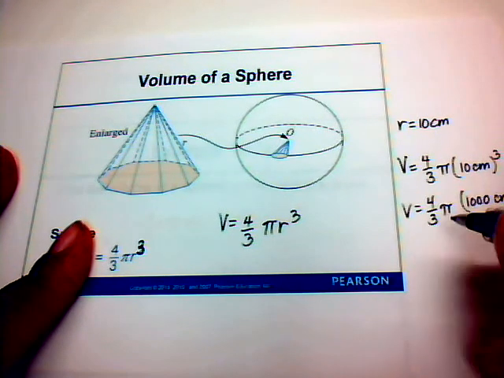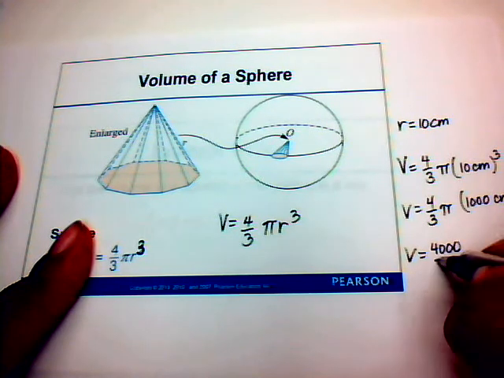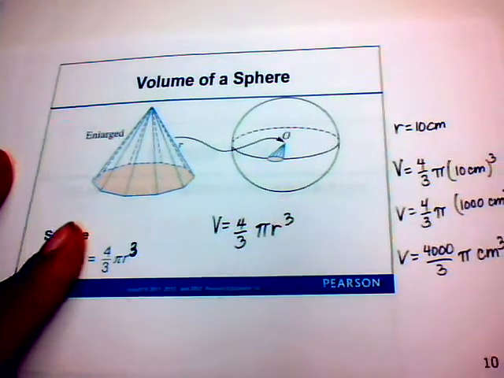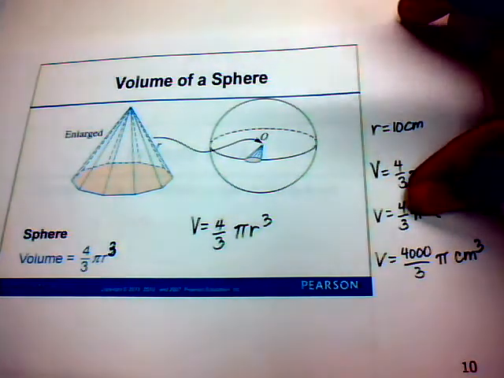And multiply that 1,000 times 4 thirds will leave this as 4,000 over 3 times pi. That's going to be in cubic centimeters. So the volume of that sphere will be 4,000 over 3 times pi cubic centimeters.